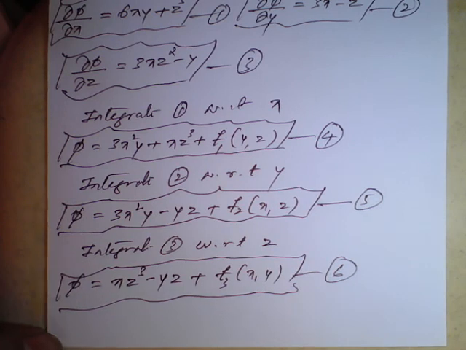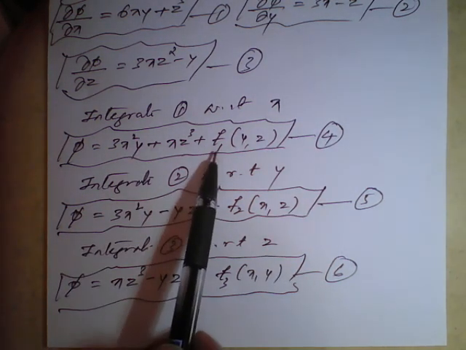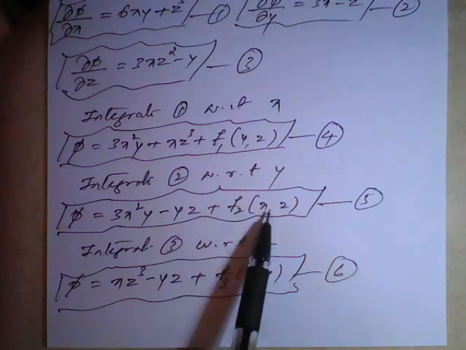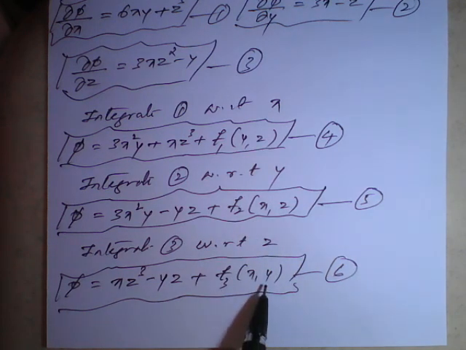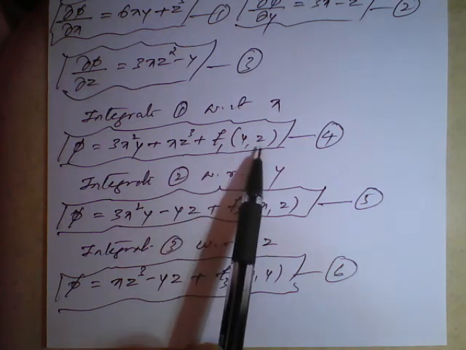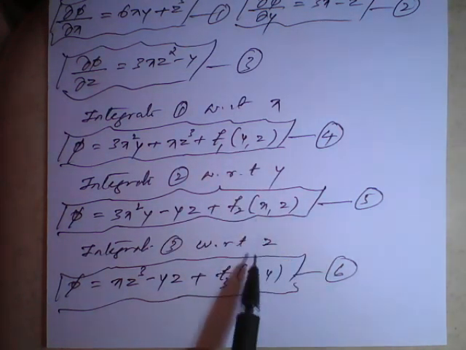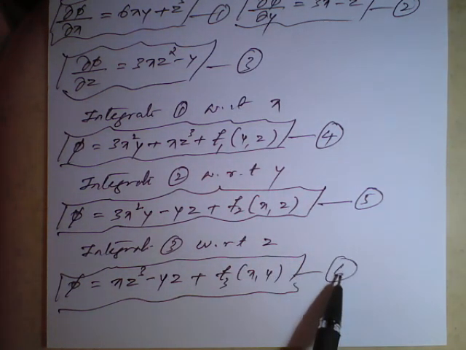So from equation 4, 5 and 6, we need to calculate or find the value of f1 of yz, f2 of xz and f3 of x and y. So to find f1 of yz, we have to see the term in 5 and 6 which is free from x.